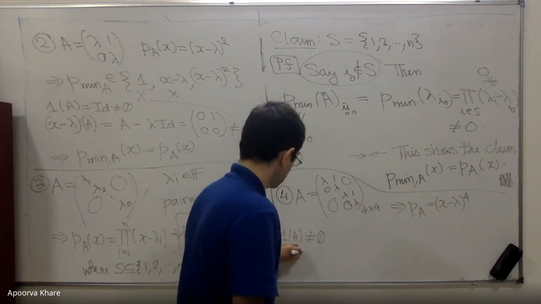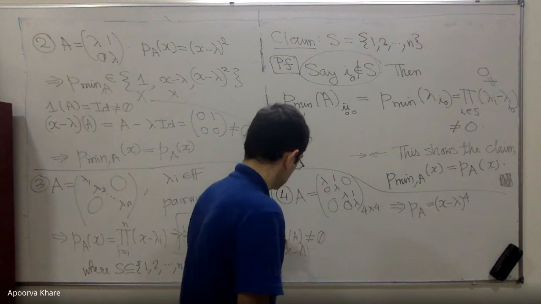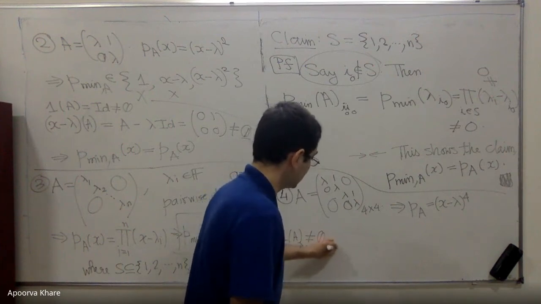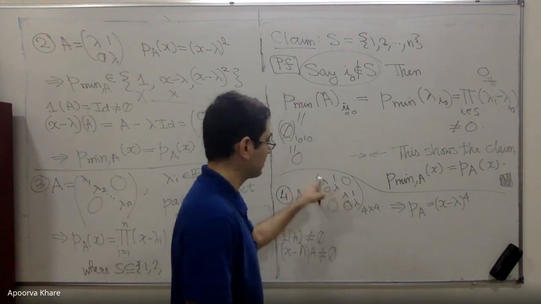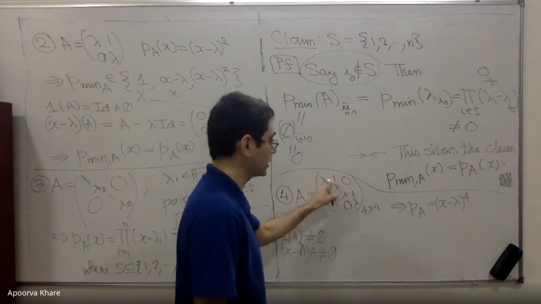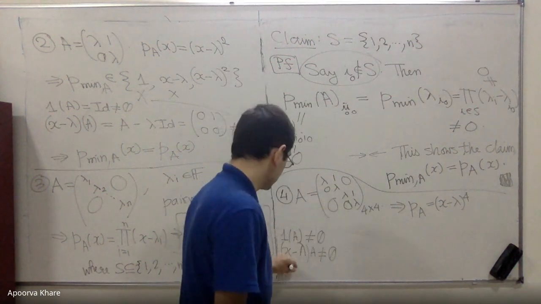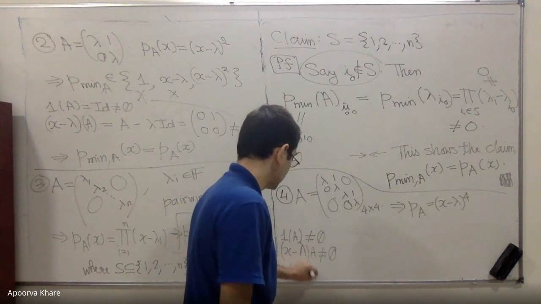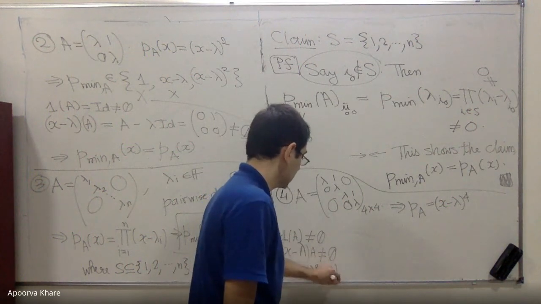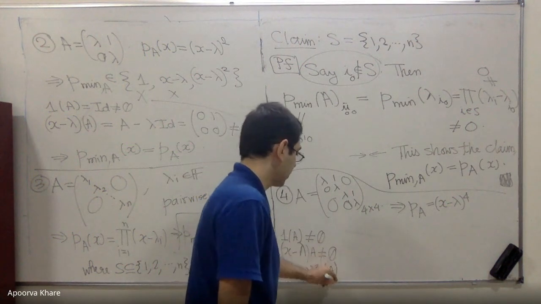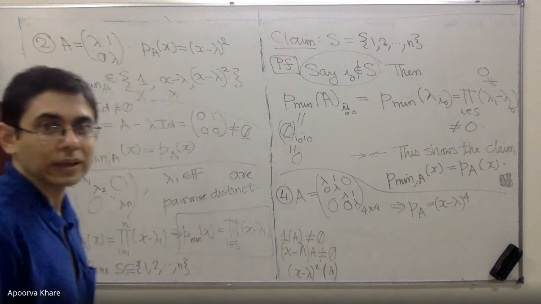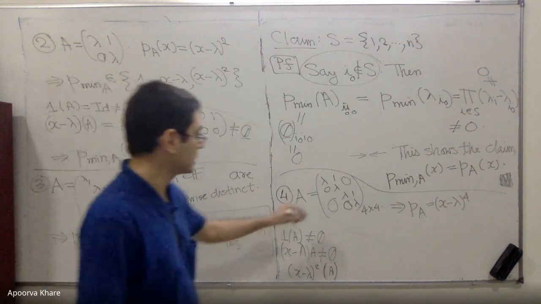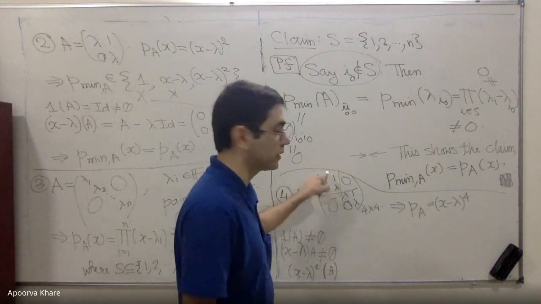X minus lambda of A is not 0. That is clear because x minus lambda will kill off all these entries, but it will not touch the other two entries. But if you look at x minus lambda square, well, this is the point about block diagonal matrices. If you take any polynomial in that, then that's like saying you're taking the polynomial in each of the two matrices separately.